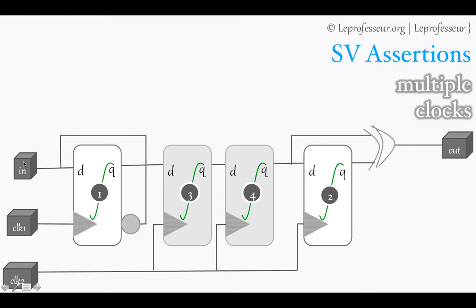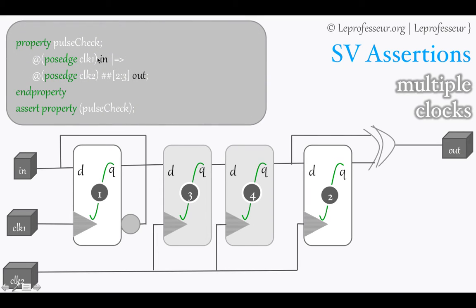So if there is a pulse at the input, it will follow at the output. Here we are putting a NOT gate, which generates a pulse in clock domain 1, and we should validate this in the second clock domain at the output port. So how can we write this design intent? Very simple.